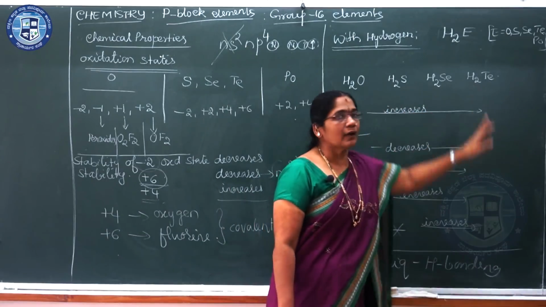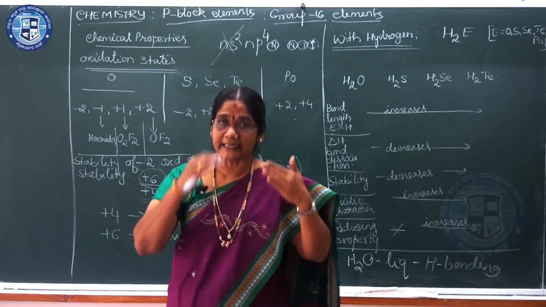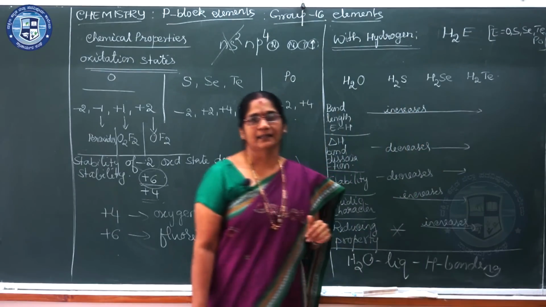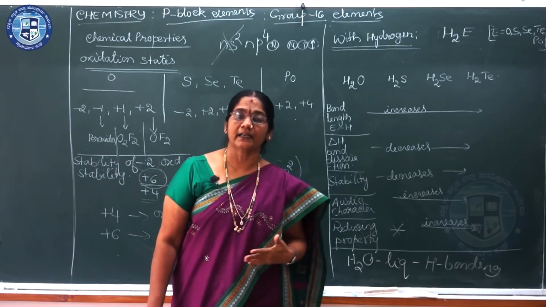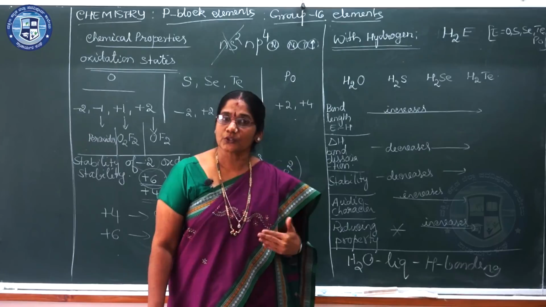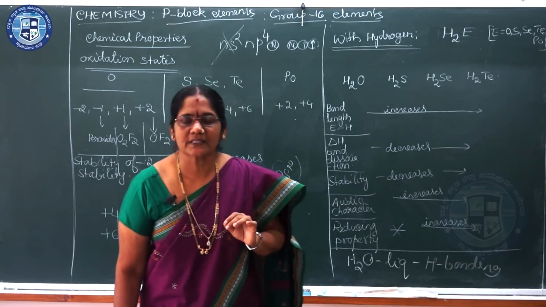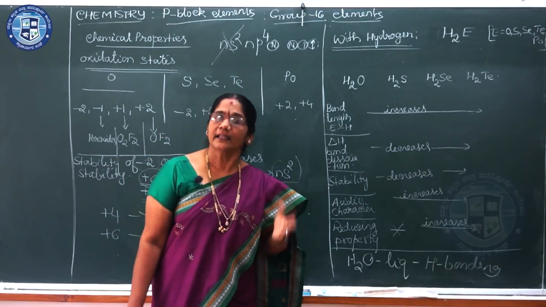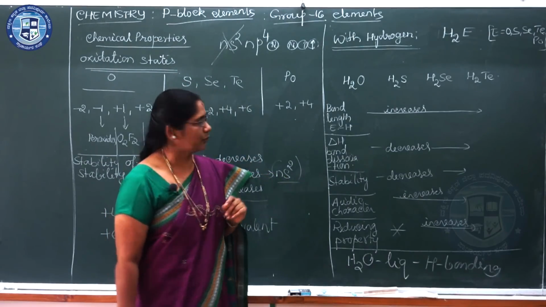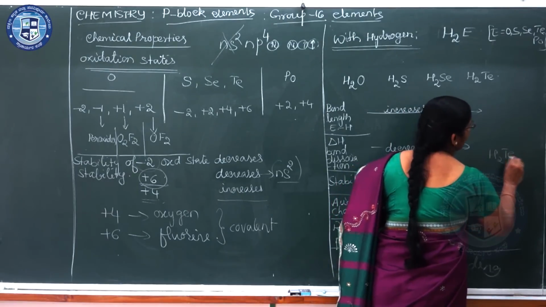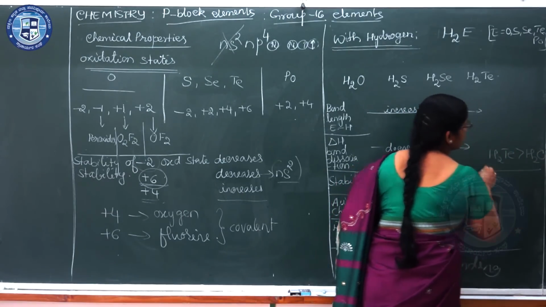Because of the dissociation energy decreasing from water to hydrogen telluride, the acidic character of these hydrides goes on increasing. This is one of the very important questions which has come repeatedly in the annual examination. Make a point of it. Why is hydrogen telluride more acidic than water?